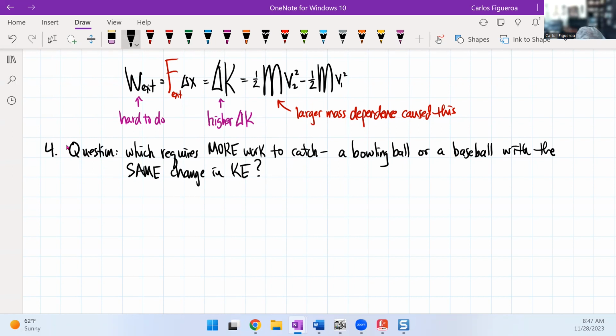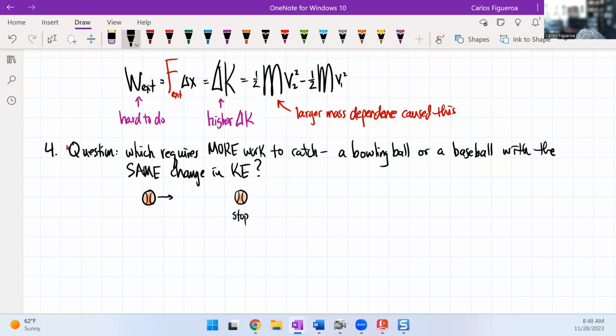So in other words, we could imagine that they're going to throw a baseball at you. So let's say that this is the baseball, and they're throwing this baseball at you, and your whole goal is that you want to bring it to rest. You want to stop this baseball.